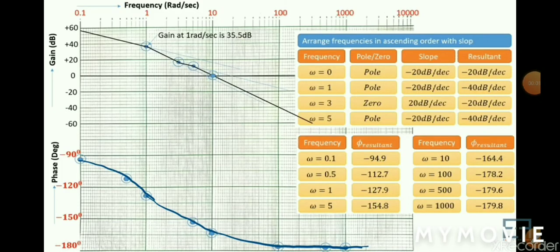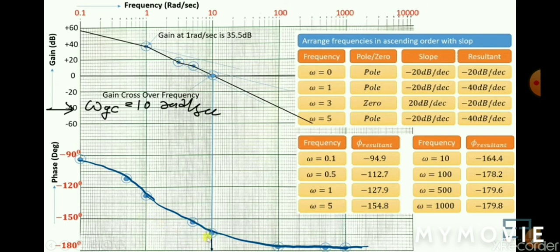So after finding the gain plot and phase plot, next we will go for omega GC and omega PC. Gain crossover frequency omega GC: if you check the value, you will get 10 radian per second. Take a straight line below, and this value will be your phase margin.